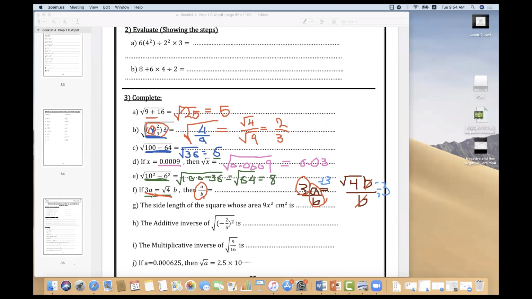I didn't put it inside the root. It is beside the root. It's not under the root. And here also, it's beside the root, but it's not under the root. Okay?